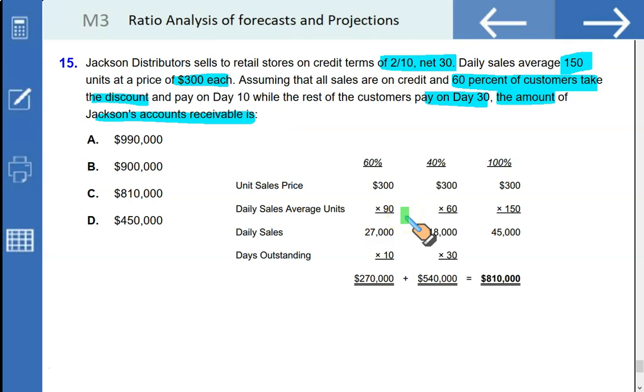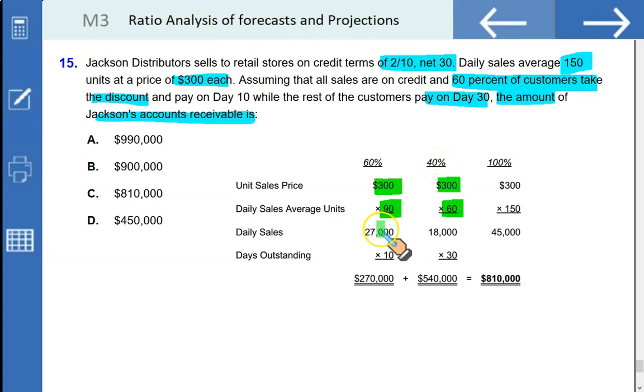Okay. Now look at this. Our selling price is 300. Our daily unit sale is 150, out of which 90 units are for the customers who pay within the first 10 days, 60% of them, and the remaining 40% of 150, that is 60 units, are sold on a daily basis to those customers who pay us after the discount period.